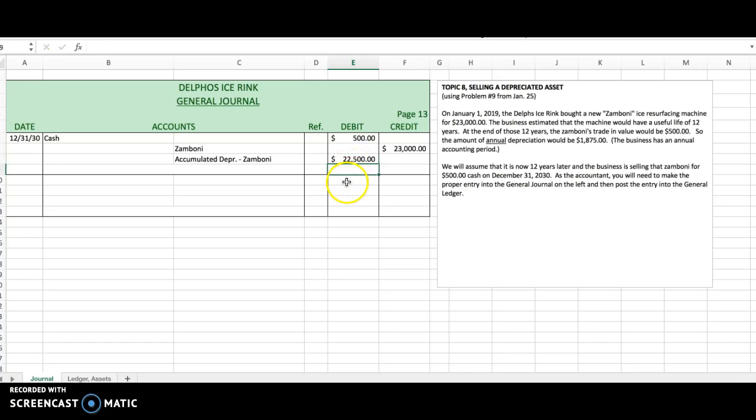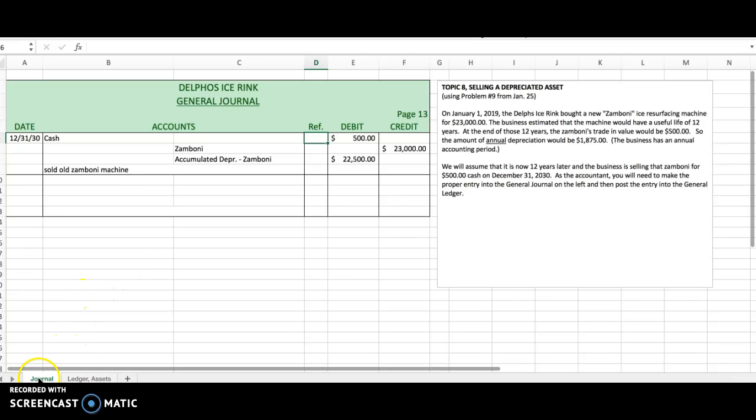And now we need a little description here. Okay, we sold our old Zamboni, and this entry has two debits, which equal $23,000, and it has a credit. So debits equal credits. So let's post it.